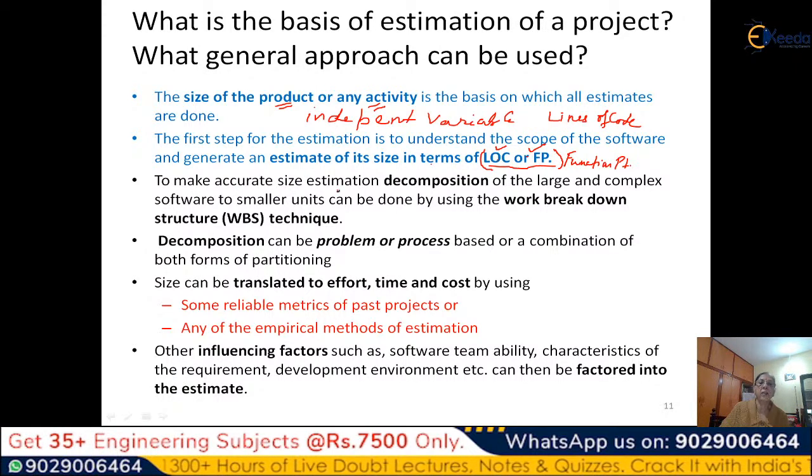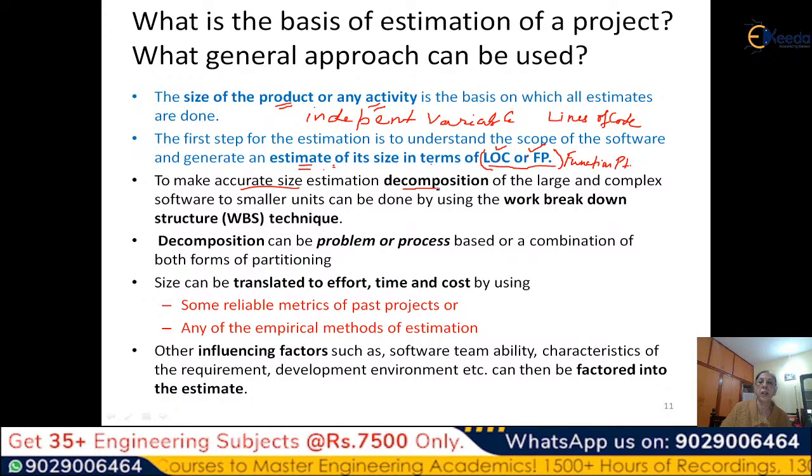To make an accurate size estimation: if this is not accurate, because this is the independent variable and the main basis, all other estimates that you do based on this size will become wrong. That is why it is important to have a very accurate size estimation. And how can you make it accurate?